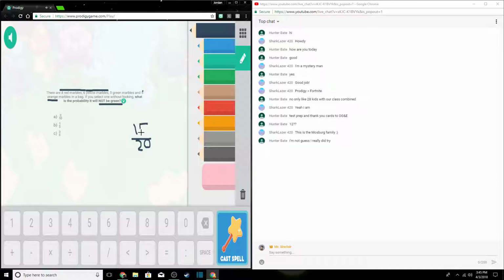So we have a probability of 15 out of 20. But we need to simplify this and make it smaller. What's one number that can make this smaller? Well, we're going to divide 15 and 20 by 5. So 15 divided by 5 is 3, and 20 divided by 5 is 4. So it's going to be 3/4.